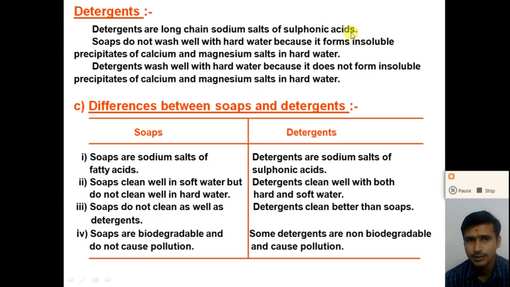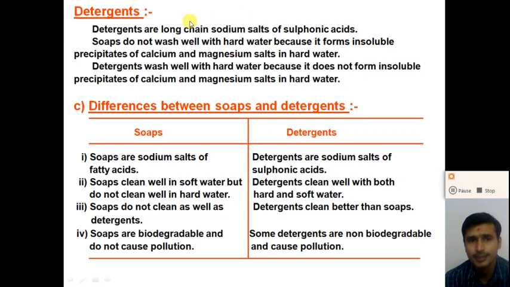Detergents are long chain sodium salts of sulfonic acid. Soaps are long chain sodium or potassium salts of carboxylic acid, whereas detergents are long chain sodium salts of sulfonic acid. Soap does not wash well with hard water because it forms insoluble precipitates of the calcium and magnesium salts in the hard water.